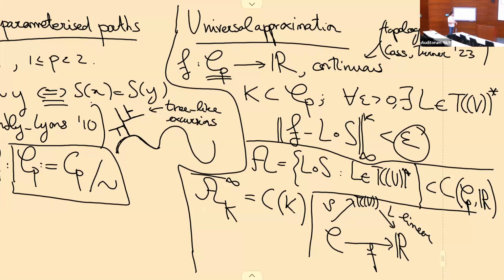This type of statement has been stated in several works in the past 5-10 years without making the choice of topology too precise, but it turns out that you really need to be careful about that. Otherwise, the statement is actually not true. For example, if you work with paths, that's clearly not true, and I will explain now why that's the case, because the proof is quite simple now that you have all the properties in front of you. But yes, I think the choice of topology is actually quite crucial.